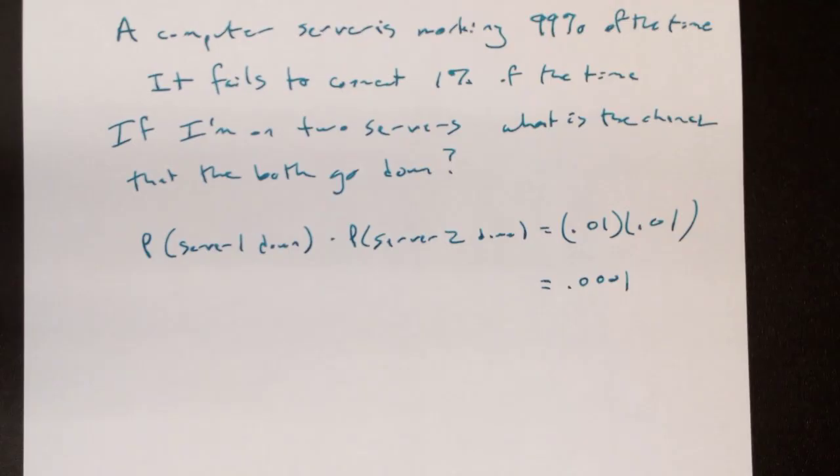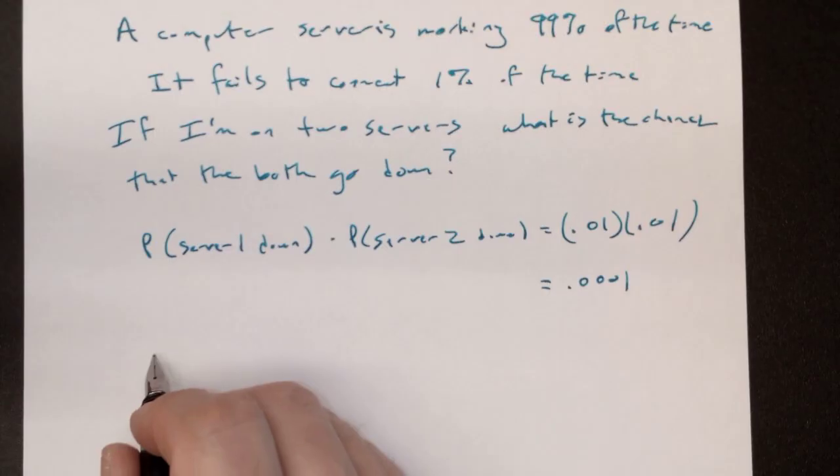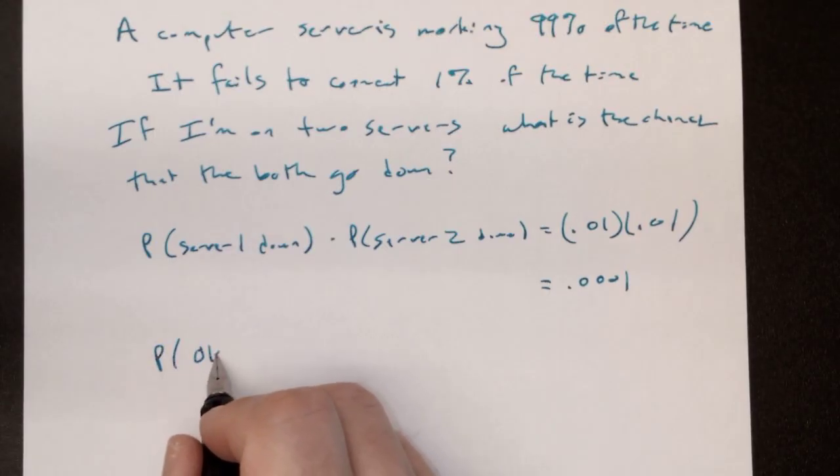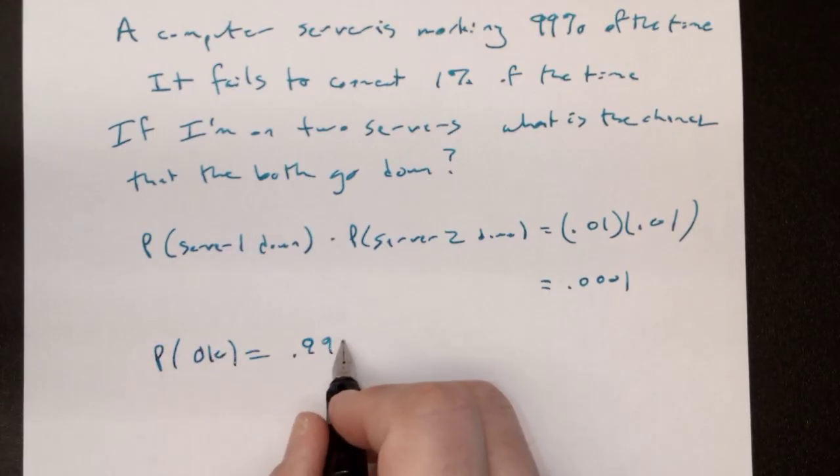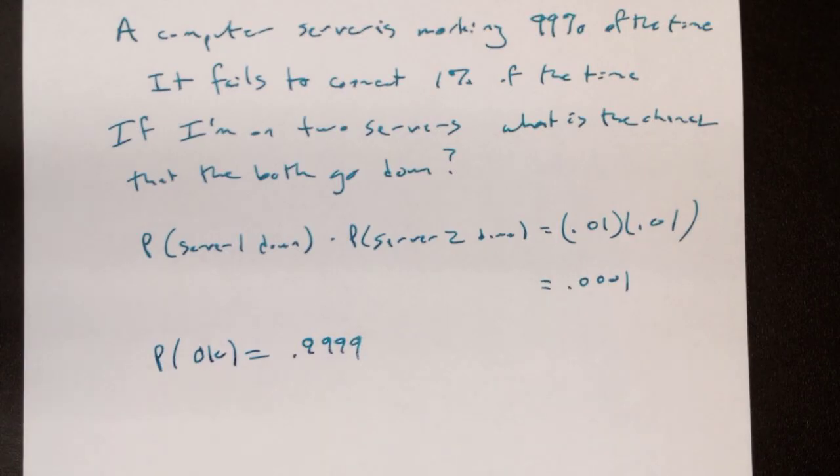Which means my likelihood of things being okay went from 99% to 0.9999. I may not be able to get my information off of server 1. I may be able to get it off of server 2. Maybe able to get it off of both. But there's a 99.99% chance.